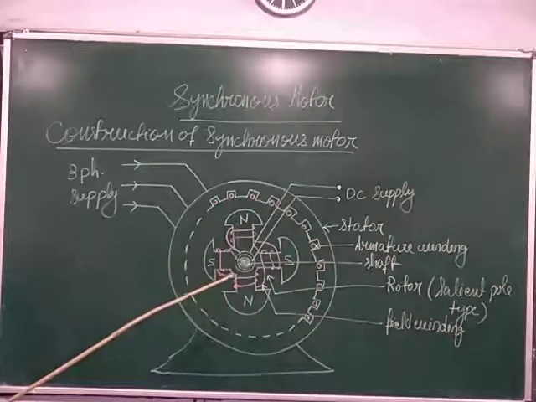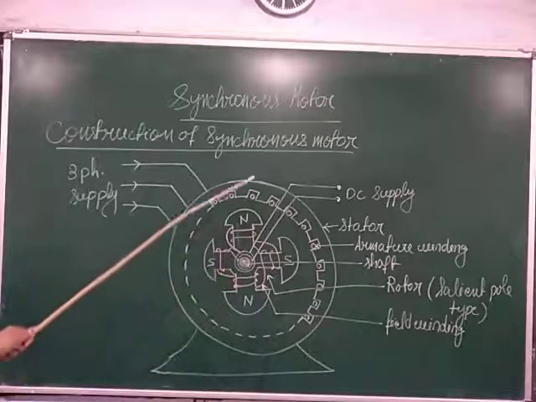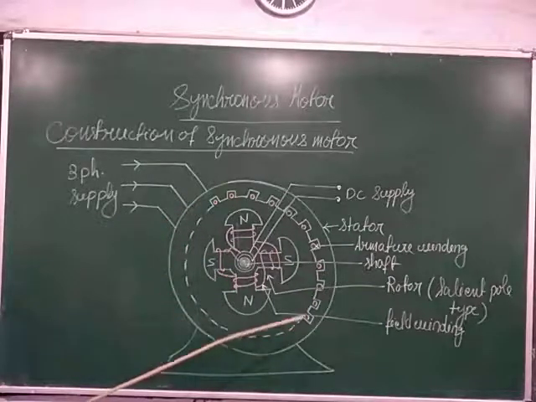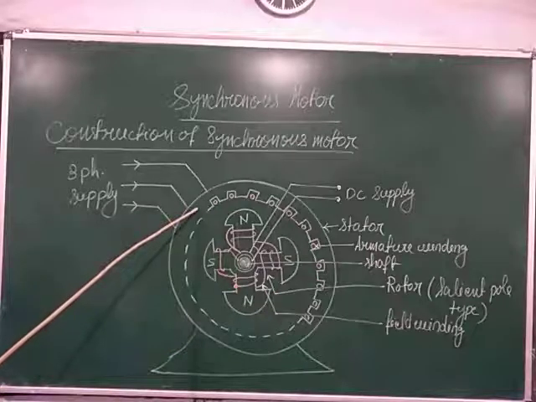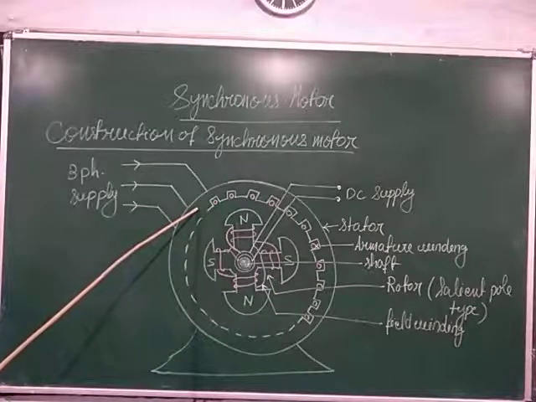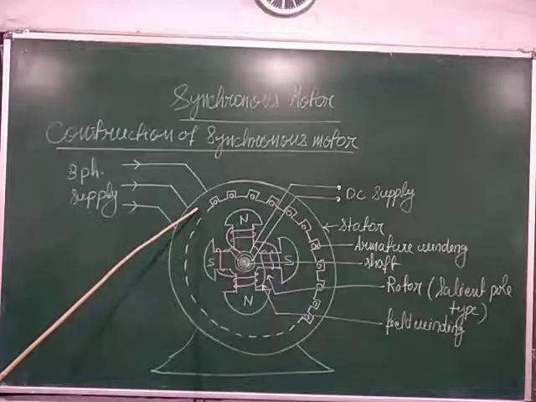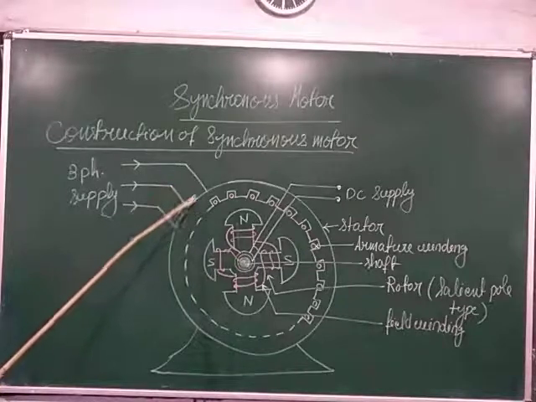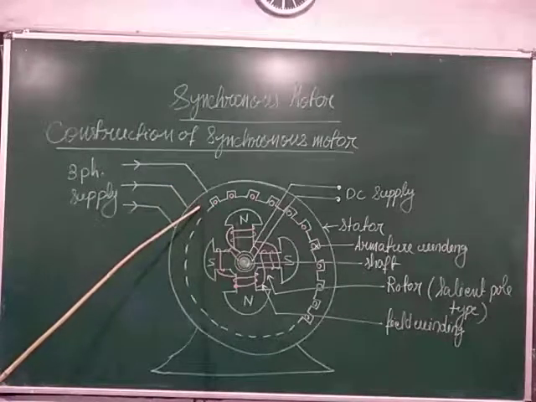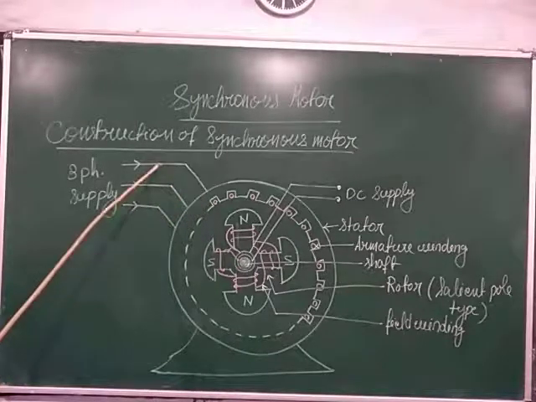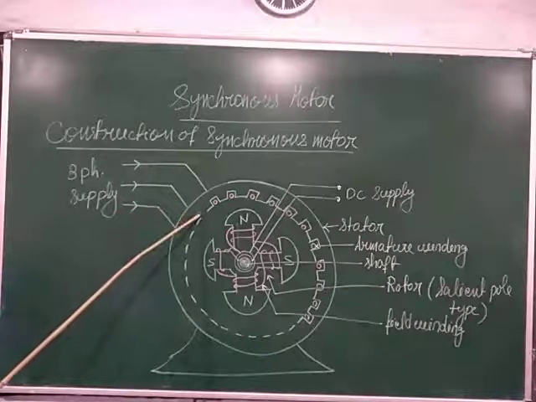And the main parts are laminated. This stator, which consists of the armature winding, is laminated to minimize eddy current and hysteresis loss. And in this stator winding, that is the armature winding, a 3-phase AC supply is given.